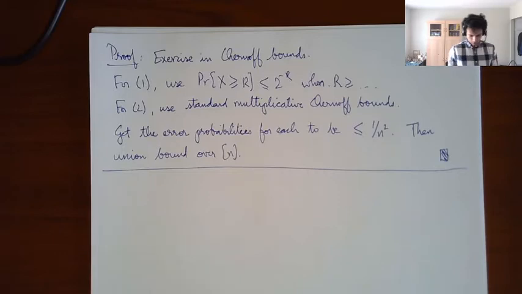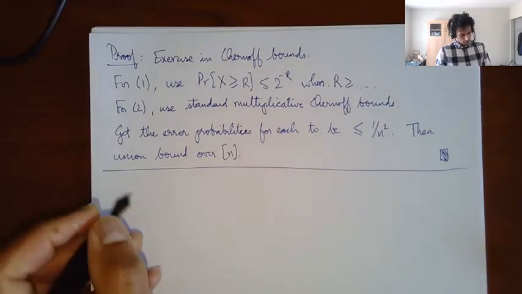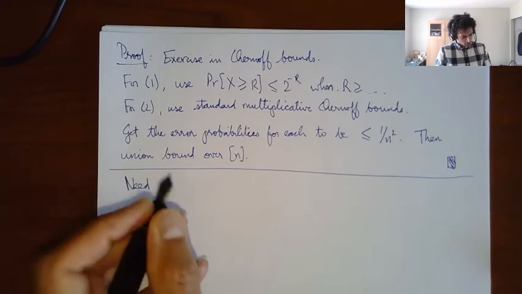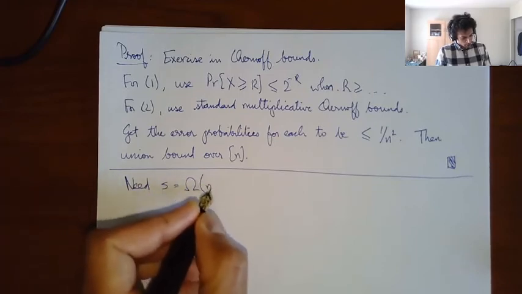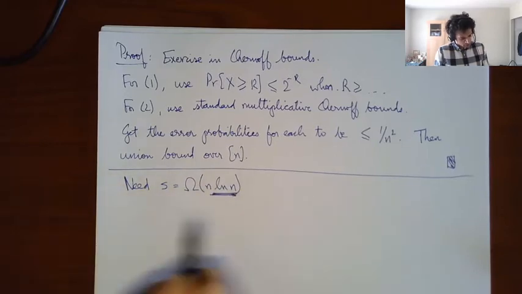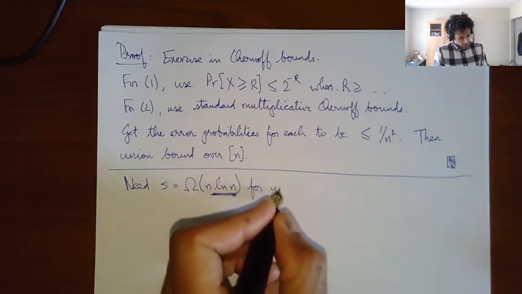Okay. Now you need S to be omega n log n. Ignoring the epsilons, you need the log n for the union bound to work.